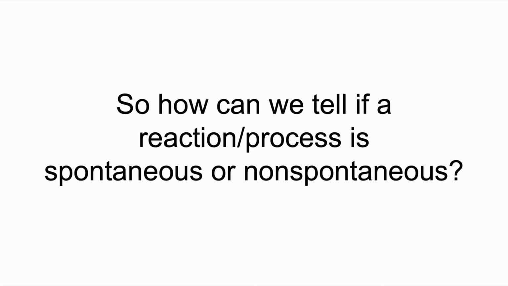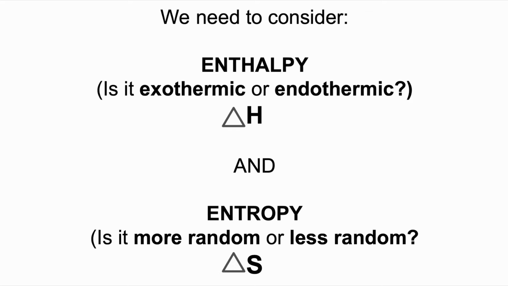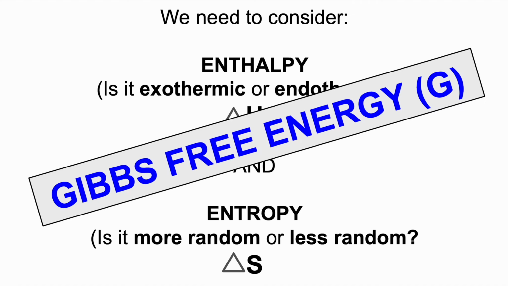So with those two concepts in place, we can now address the question of how we can tell if a reaction or process is spontaneous or non-spontaneous. Because we now need to consider enthalpy, whether it's exothermic or endothermic, which we relate to delta H, as well as entropy. Is what we are getting becoming more random or less random? We would capture this as delta S.